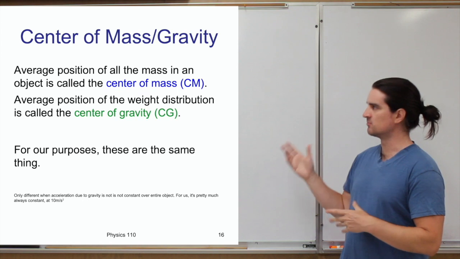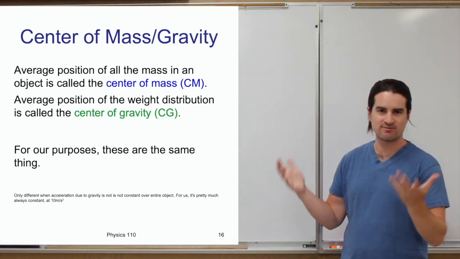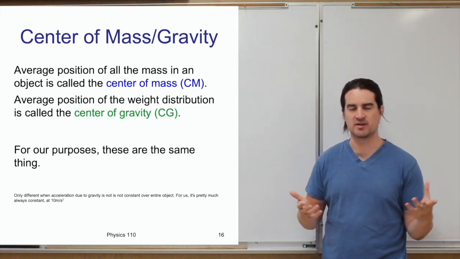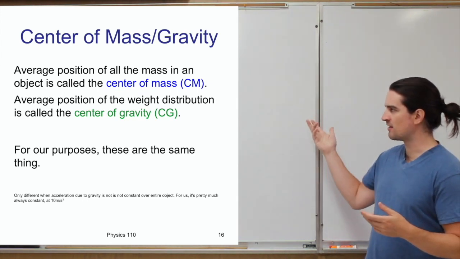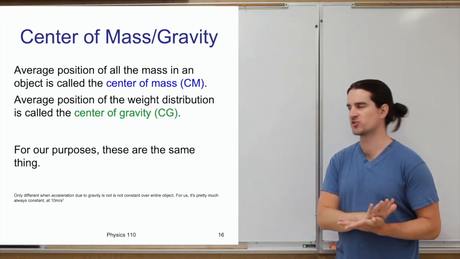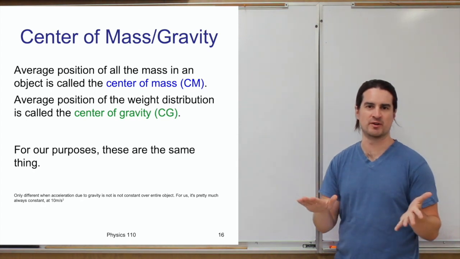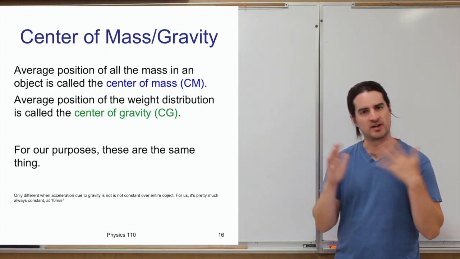So what is that? Well, the center of mass is essentially just the average position of all of the mass that makes up the object. The center of gravity is technically slightly different than the center of mass, but for our purposes, they're essentially the same thing, so we're not going to worry about it. I might say either one, but I mean the same thing.